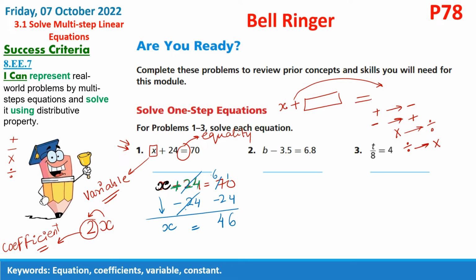Let's try another question. B minus 3.5 equals 6.8. If here there is a minus, you bring it to the other side. For that reason, you undo the operation. It means if here is minus 3.5, you write here plus 3.5. Once you write it here, you have to write it on the other side also.